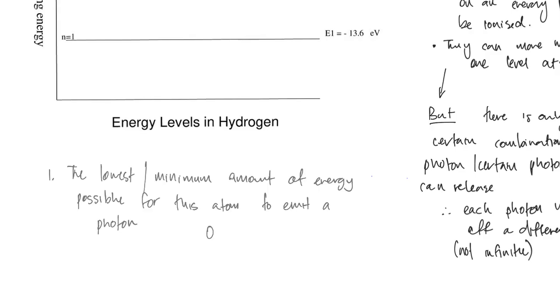You can have 0.3 electron volts or 4.8 times 10 to the power of negative 20 joules of energy.